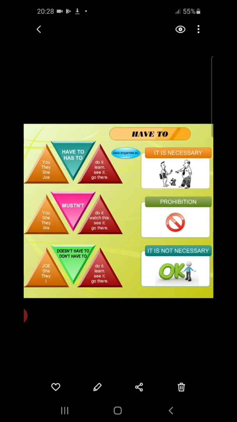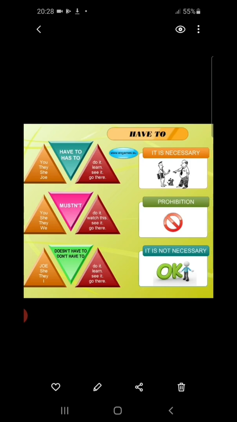So basically, it is revealing necessity. So in the first picture, you can see that it's about necessity. It is necessary. She has to sit. Joe has to go there.